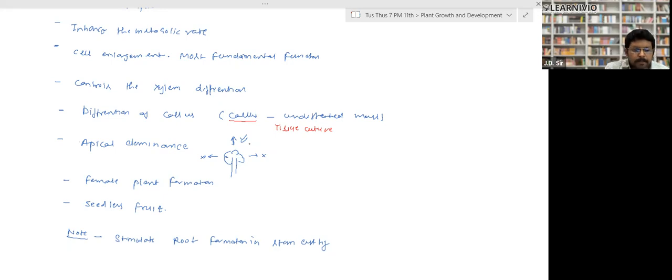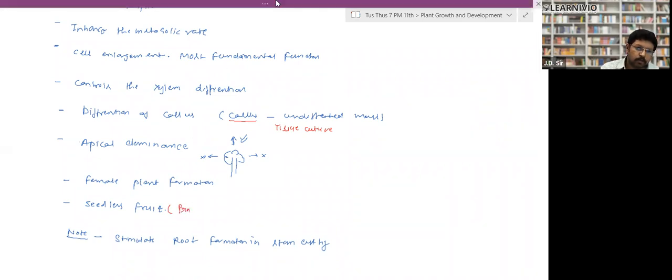Next, it is also responsible for formation of seedless fruit, that is parthenocarpy. Seedless fruit means parthenocarpy.